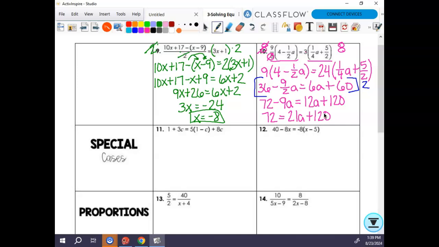Then what am I going to do? Okay, subtract 120. So, should have been writing a little bit smaller here. That's 120 minus 72. 48. So I get 48, negative 48, right? Equals 21A. So now I'm going to have that negative 48 over 21.